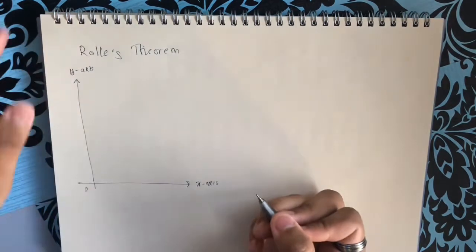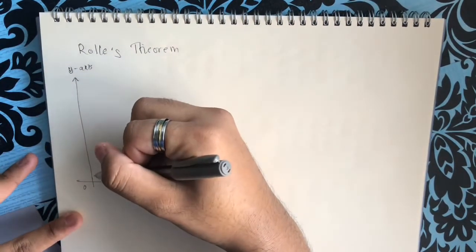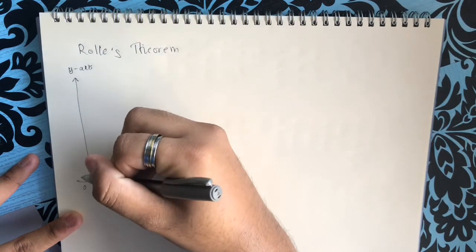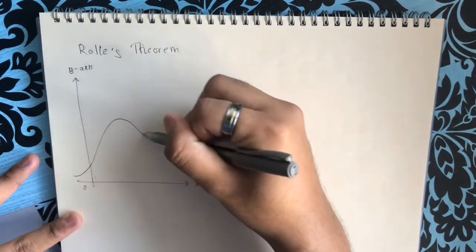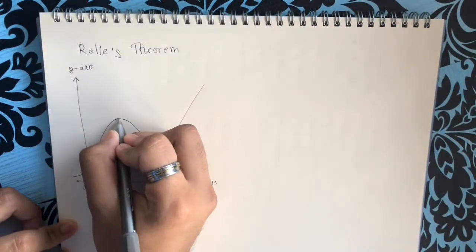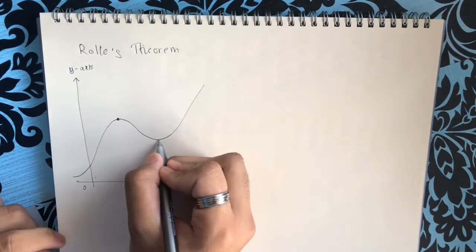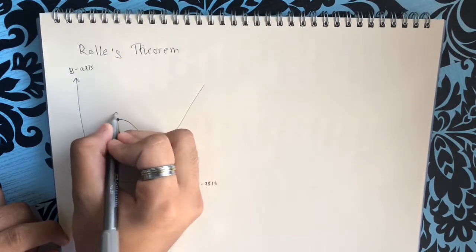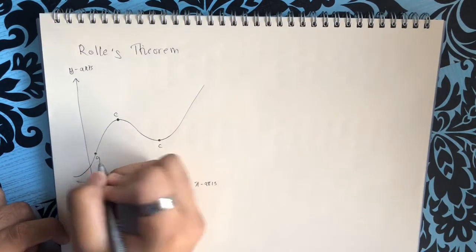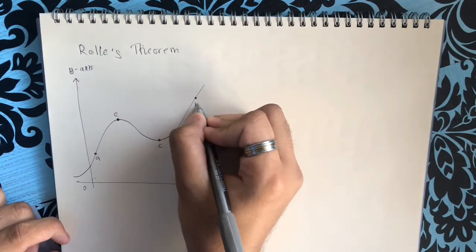Let's say we have some curve. The critical point here is point c, and maybe this is point A and this is point B.